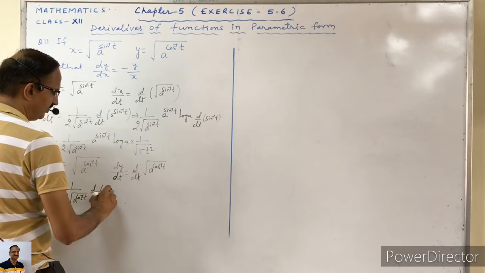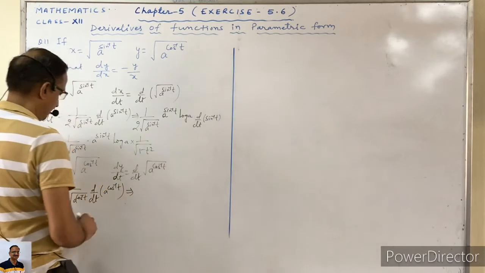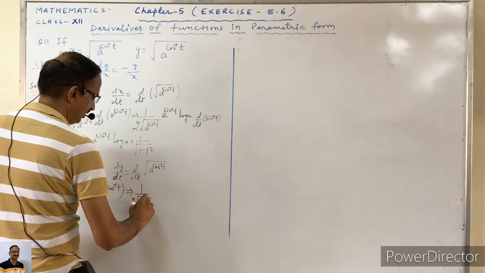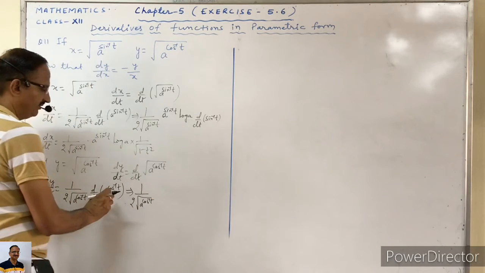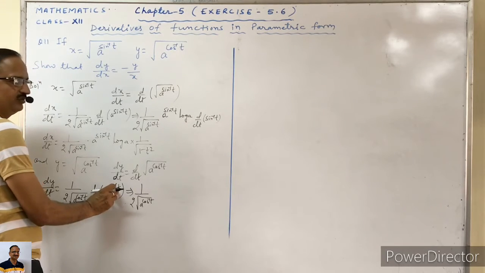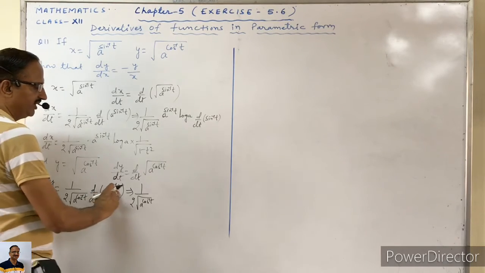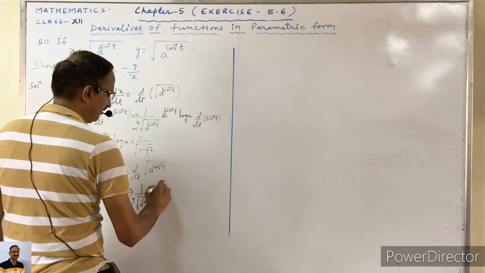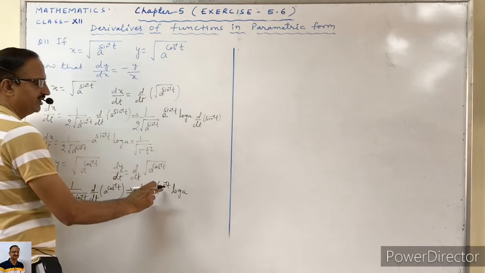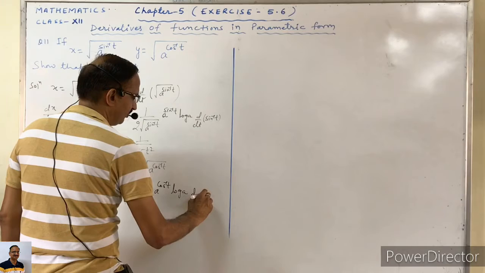That is derivative of a raised to power cos inverse t. Now the next step is 2 root a raised to power cos inverse t. When we find the derivative of a raised to power cos inverse t, we will assume this cos inverse t as t. So the derivative of a raised to power t is a raised to power t and log a. But since this is not t, we will write the derivative of this in the product.